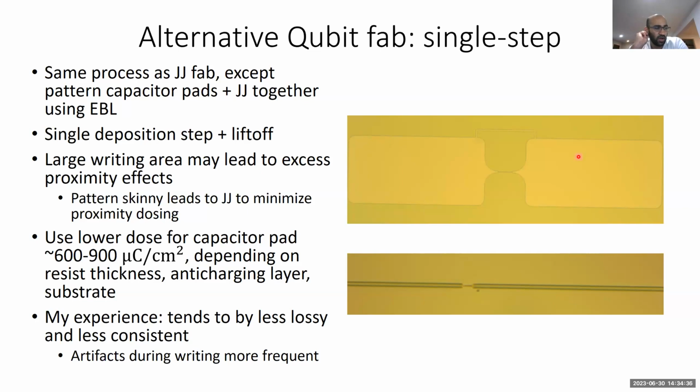I think one common one is called PSSA, which is a water-soluble conducting layer that you can just spin on top of your e-beam resist stack in order to have that sort of anti-charging layer. I have had some colleagues try it, and they said it has worked. But yes, it is expensive, and the alternative, of course, is to just sputter on your own anti-charging layer, like using gold or aluminum.